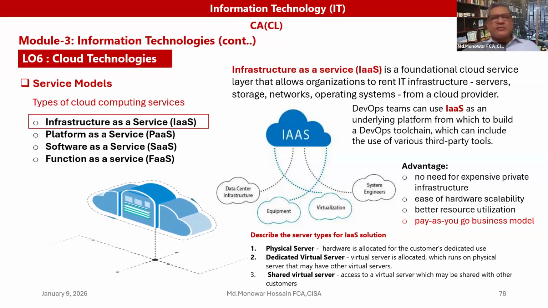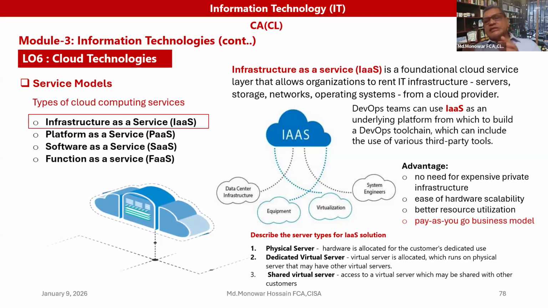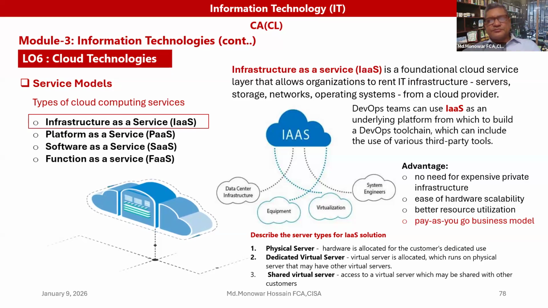Here, different types of servers are used in infrastructure as a service. For example, physical server, dedicated virtual server, and shared virtual server. A physical server, that means hardware, is allocated for the customer's dedicated use. One server through the cloud is used by the organization, provided by the service provider.